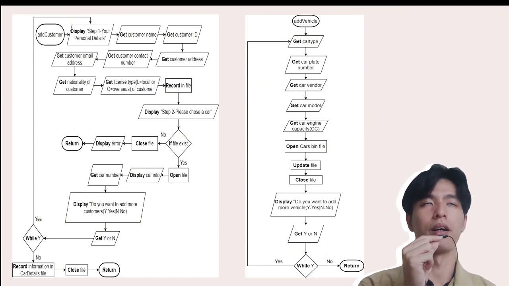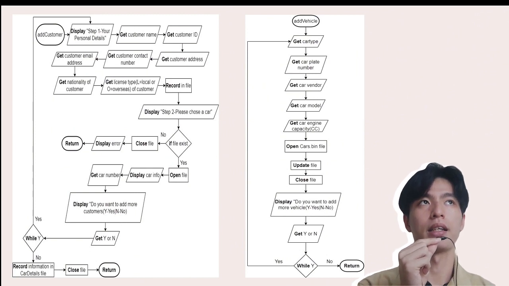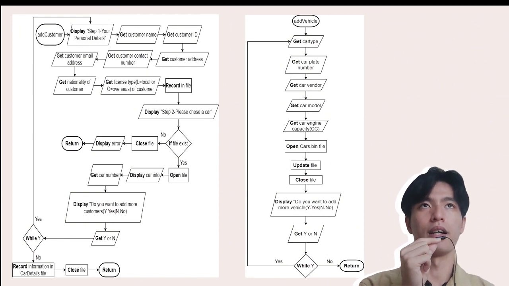After that, it will ask the user to choose a car. Before that, it will open the file of the cars and display the cars that are available to rent, and then it will get the car number from the user so that he can assign the car to the customer that he just added.